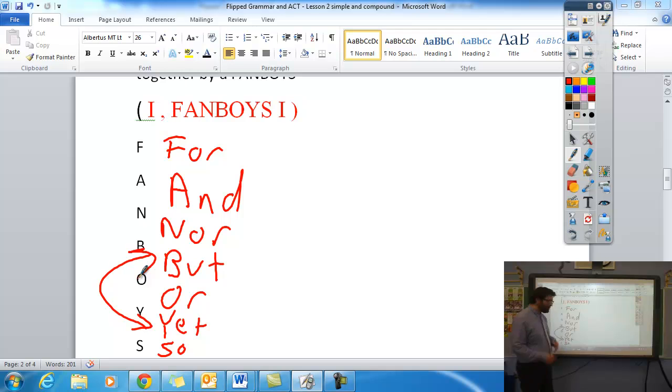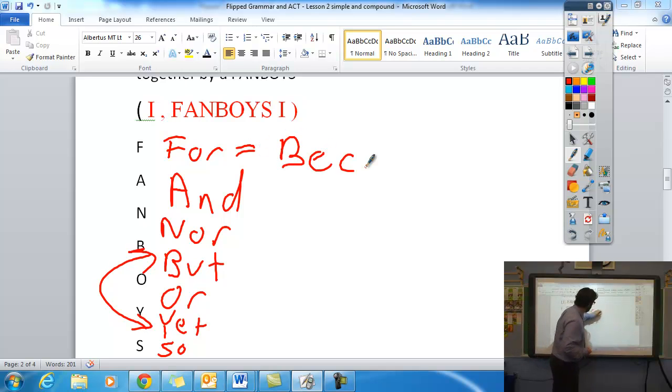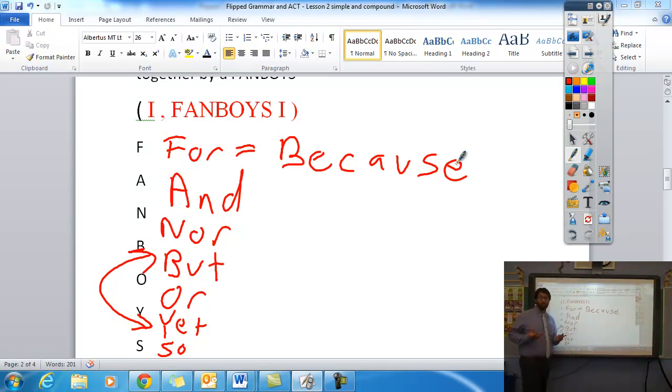When you use but, you can use yet, and when you use yet, you can use but. They can be used interchangeably. What does for mean? It's not the number four. When we use for as a fanboy, it basically means because.